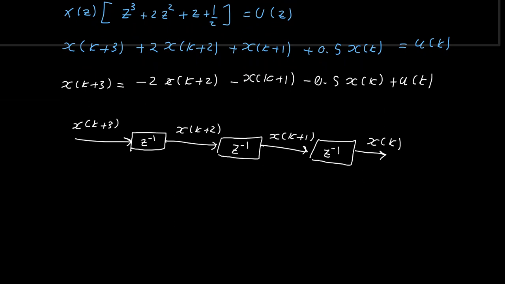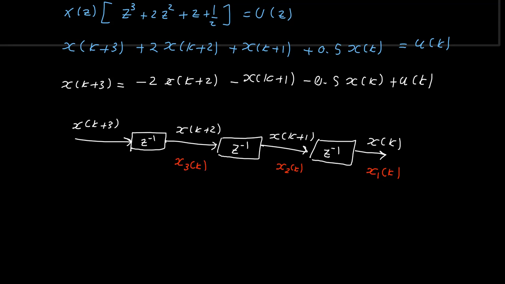So here we have the x1 of k. Here it will be the x2 of k. Here it will be the x3 of k. So we need 3 state variables because the order of the system was 3.